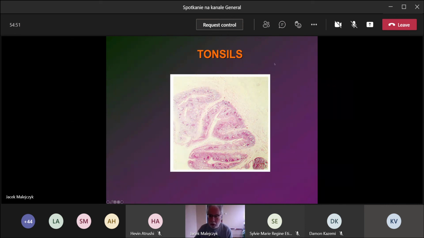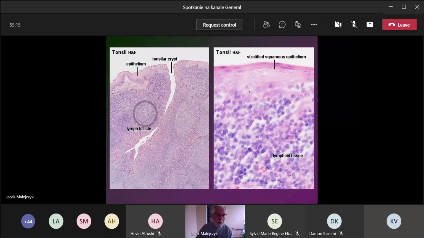Well, a very interesting element of this system, which will also be shown in the class of this block, is the tonsils. The tonsils are present in our throat. They are invaginations of our mucous membrane. And as you see, this mucous membrane is full of lymphatic tissue.